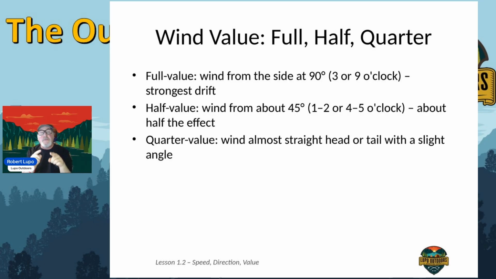It still moves the bullet, but roughly half as much as a pure side wind. If it's almost straight ahead or tail with just a little angle, that's more like a quarter value, a small sideways push. Rule of thumb: more from the side equals more drift. More from the front and back, less drift.